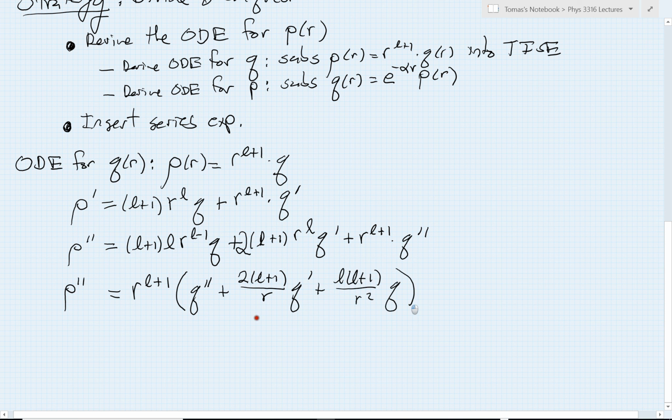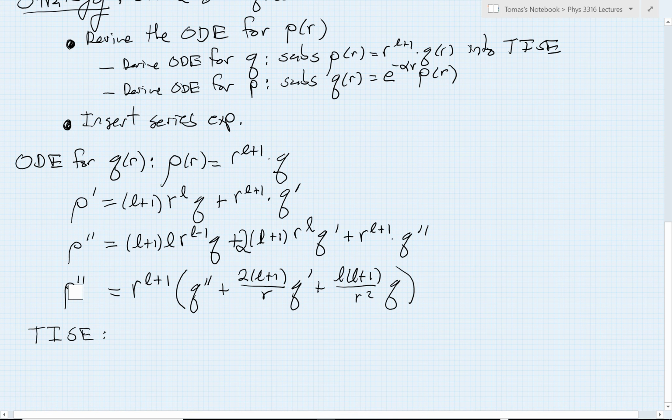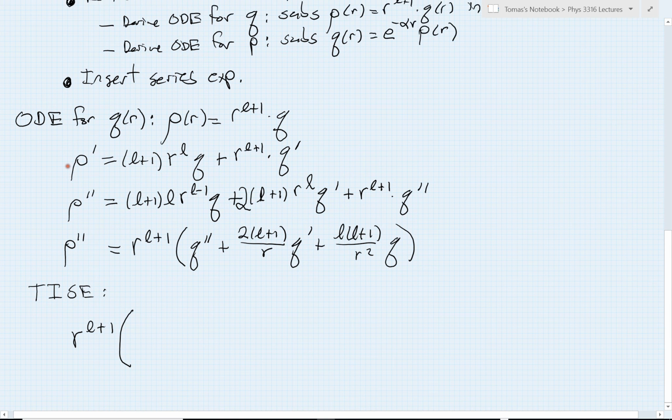Now, finally, I'm ready for the time-independent Schrodinger equation. So when I substitute in there, I need to have minus 1/2 the second derivative, rho double prime, which has this nice factor of R to the L plus 1. All of my rho terms also have that factor, so I'm going to just factor out right at the beginning this term that's going to be common to everybody. Next, I need minus 1/2 rho double prime, so I will then have minus 1/2, I factor this piece out, each of the terms here on the inside.